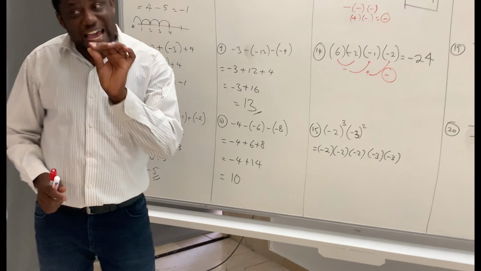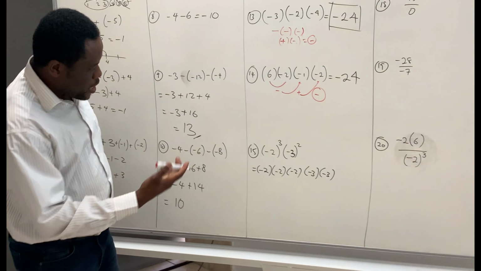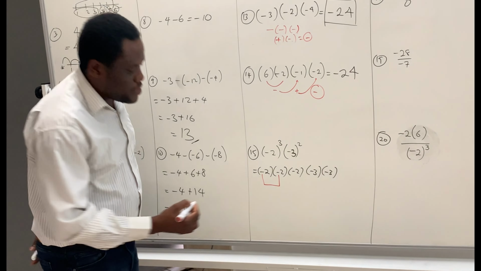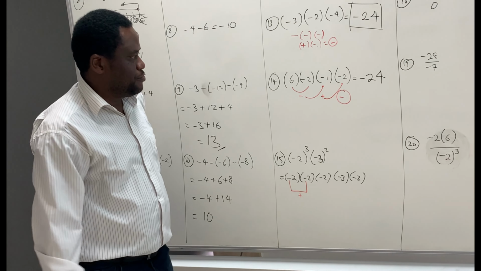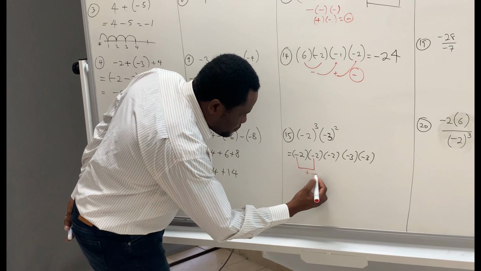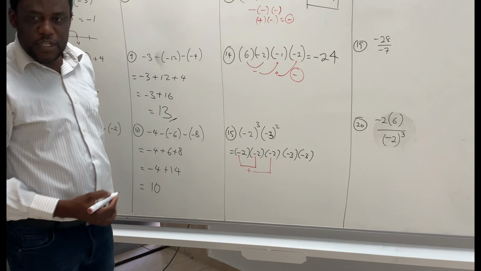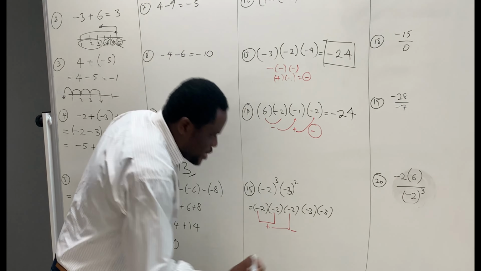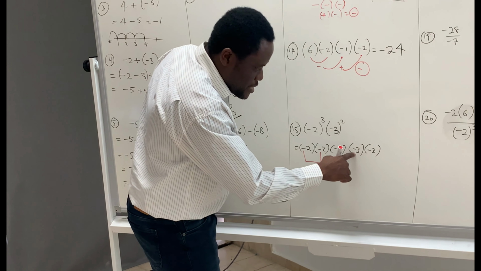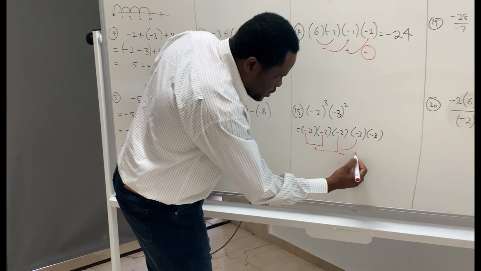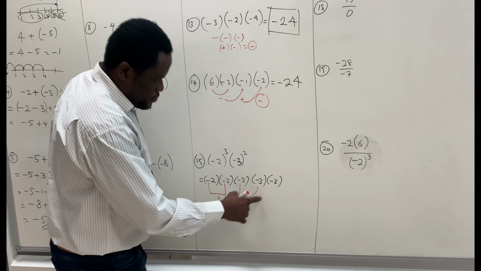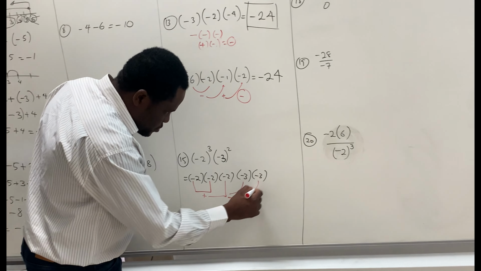Now, let's work on the sign. Negative times negative is what? Positive. Positive times negative is what? Negative. Negative times negative is positive. And lastly, positive times negative is what?